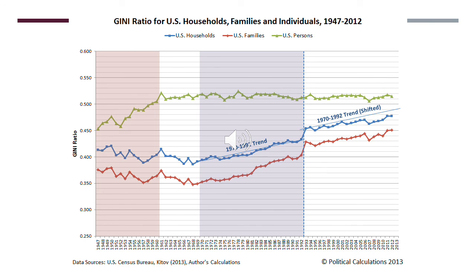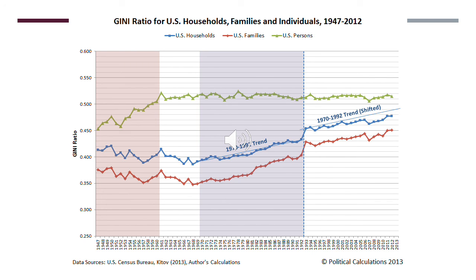So if you look, in 1947, the U.S. family Gini ratio was around 3.7. If you look at where it is today, it's right at 4.5. The household index, or household ratio, which represents people who live together who may not be family, has always been a little bit above 4, and now is at about 4.7.